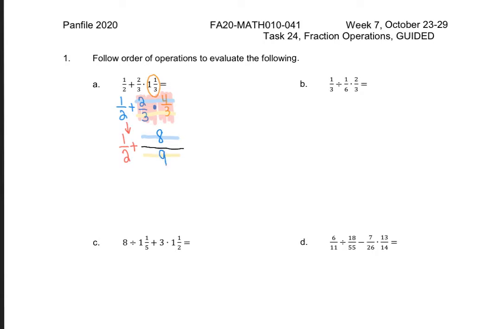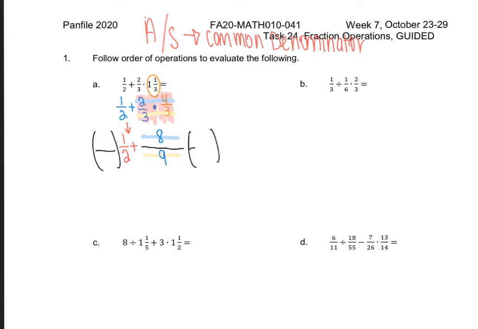Now I have a problem, because now I have my addition, and I know that for addition and subtraction, remember, addition and subtraction, I need a common denominator. Okay, so in order to get a common denominator, I need that fraction over here and that fraction over here.